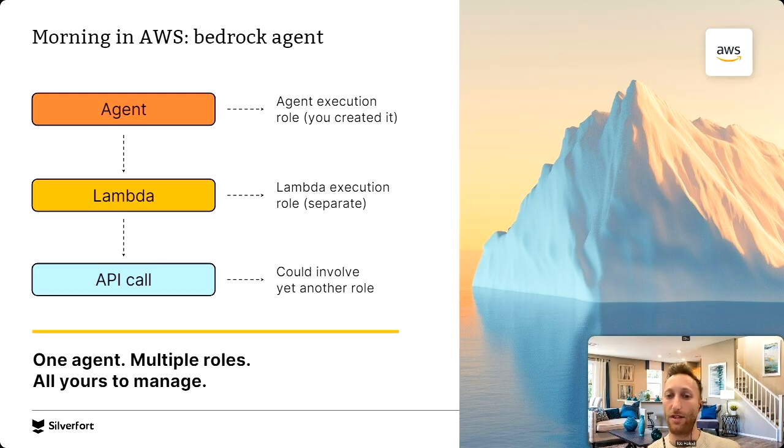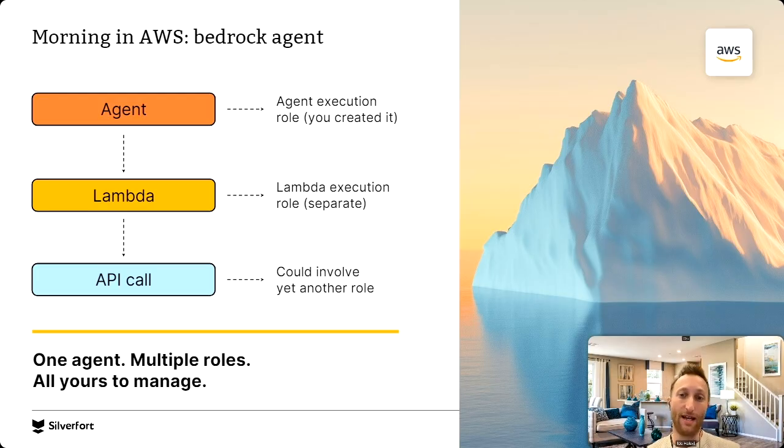And sometimes those agents also use an API. That's an additional role. Okay? So we have one agent, but potentially we have 3 IAM roles, and none of these roles on their own represent the agent itself as a single accountable identity, right?